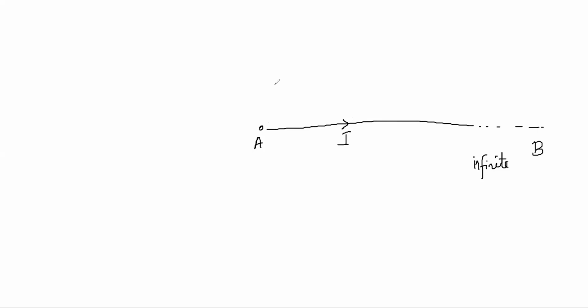You have to find the field at a point P here, and this angle is given as theta. Magnetic field due to this wire from A to B, which is infinite here. Field at a point P. Find out for me. This distance is given as small r.